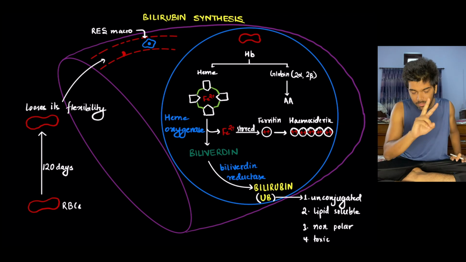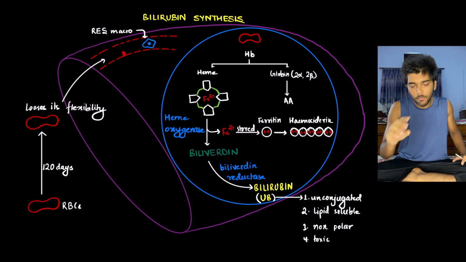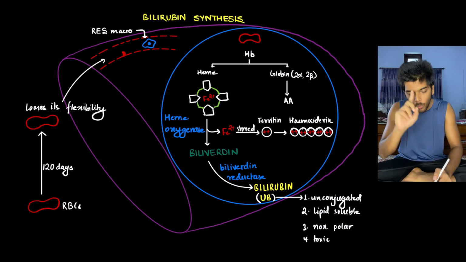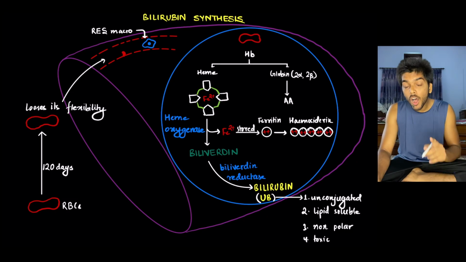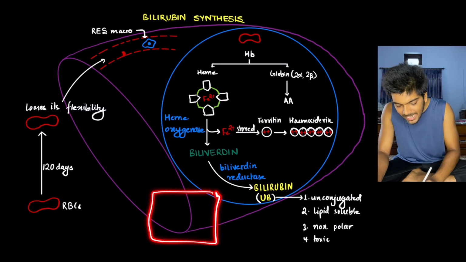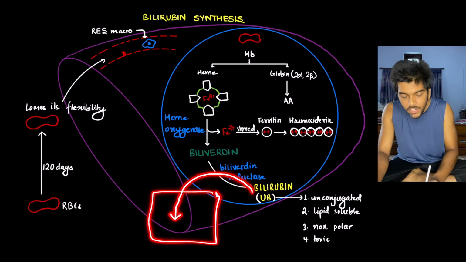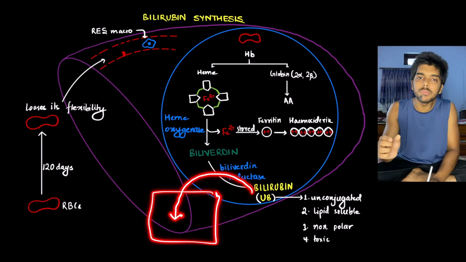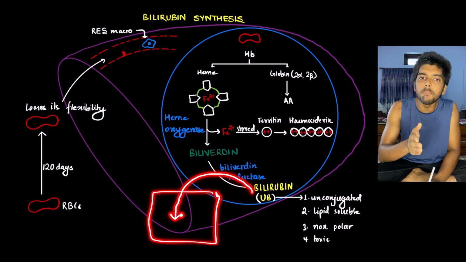See, these two properties are responsible for two things. Number one, since unconjugated bilirubin is lipid soluble, it can easily enter inside tissue because lipid soluble substances can easily penetrate through the plasma membrane.